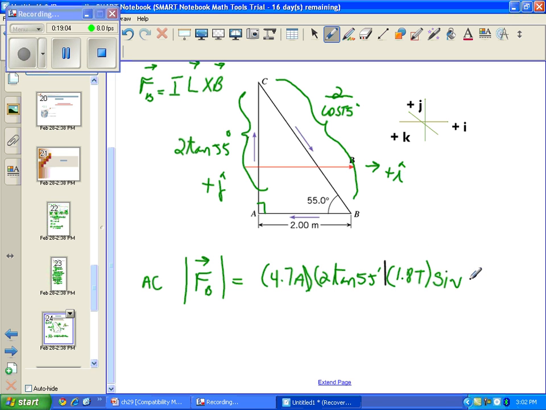Well, these make a 90-degree angle, so we have the sine of 90, which is equal to 1.